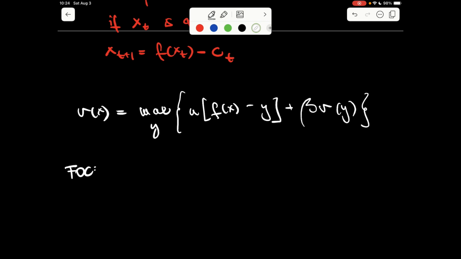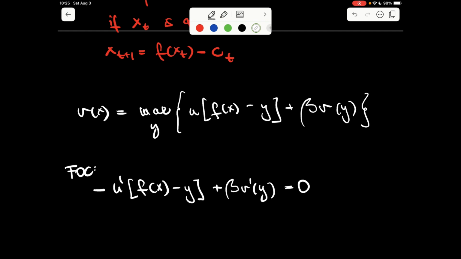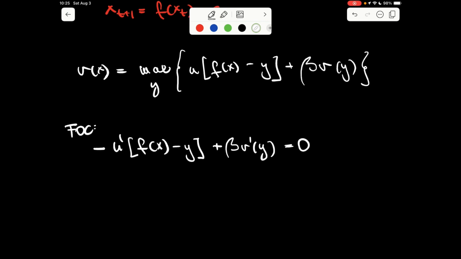simply, we differentiate the utility function with respect to y, and we differentiate the unknown value function with respect to y, and in the maximum it must be 0, just like in the case of an ordinary first order condition, from which it follows that this is the first order condition.